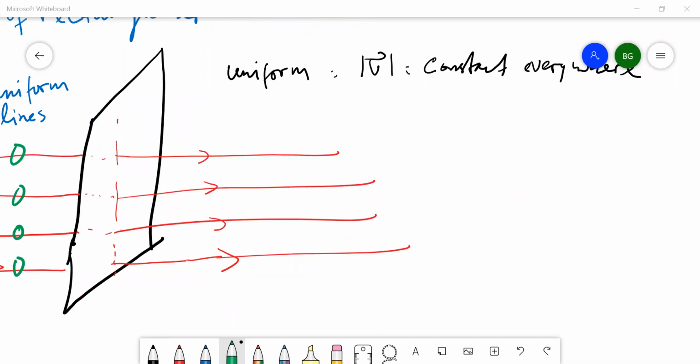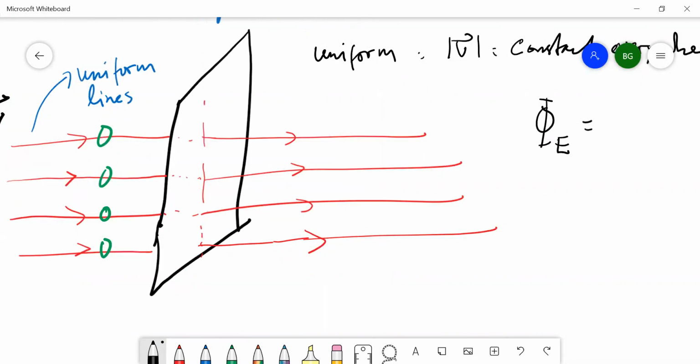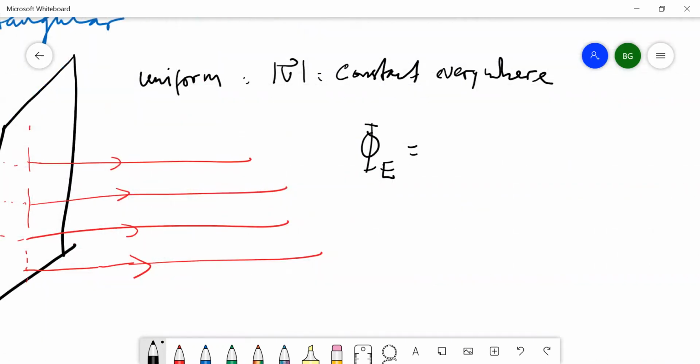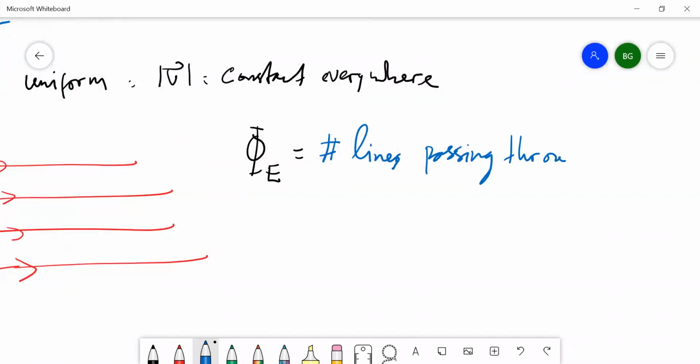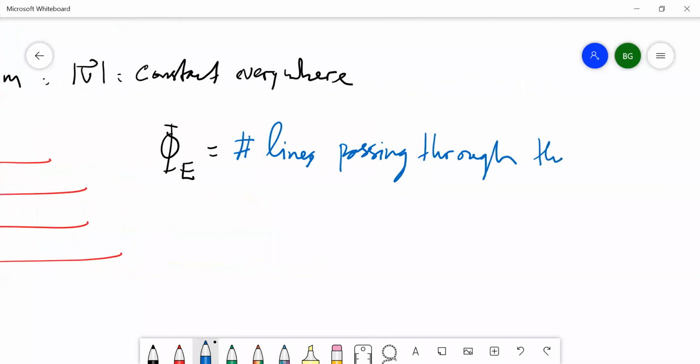Okay, so flux, let's say the flux denoted by phi E, means how many lines pass through this rectangle. It is the number of lines passing through the rectangle.